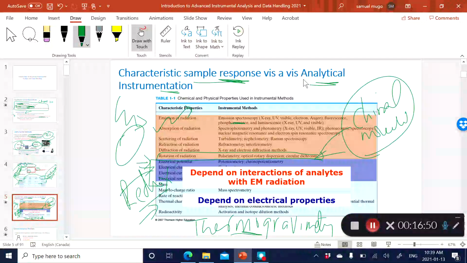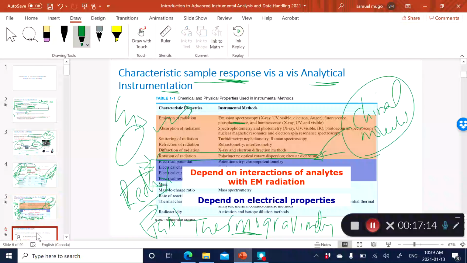And thermogravimetry is a very important technique, especially for characterization of polymers, so that you can understand their degradability or their thermal stability. People call it the TGA, thermogravimetric analysis. Very important for polymer analysis.